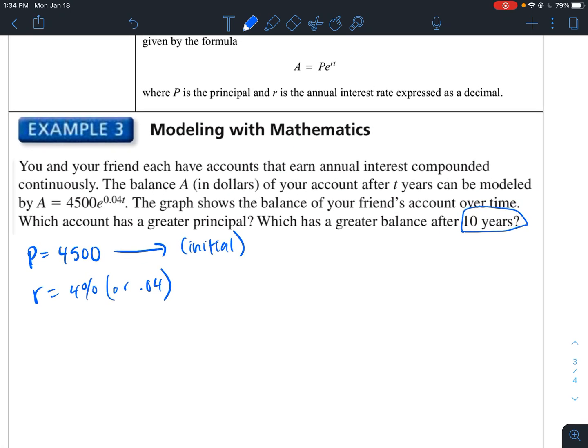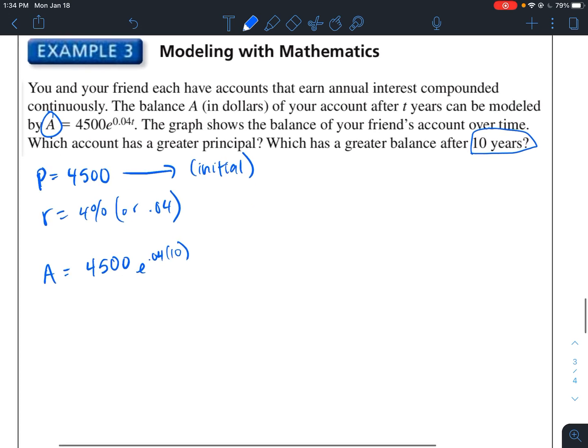Now, if you want to know the amount, you started with your principal amount of $4,500, and the rate is 4%, so that's 0.04. How much are you going to have after 10 years? Let's use this equation to see. So we have 4,500.